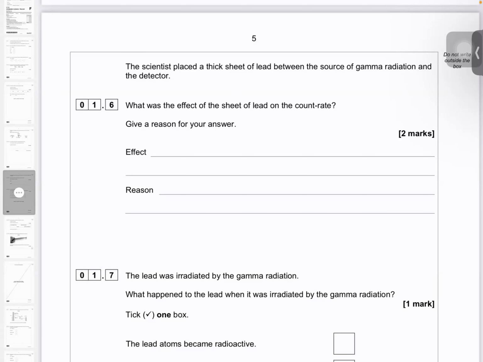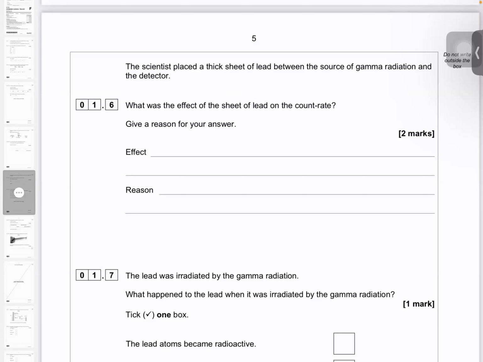The lead is more like a shield. It blocks the gamma rays from getting to the detector, which is the one giving you the count rate. So yes, it's going to reduce. That's the effect, and the reason is simply that lead blocks or absorbs the gamma rays.